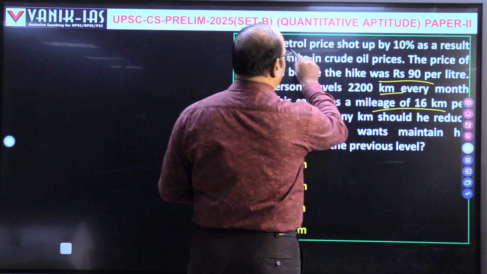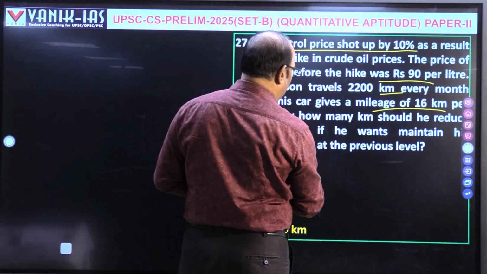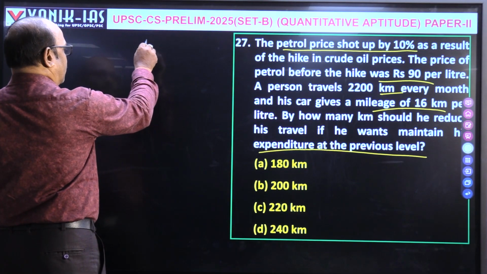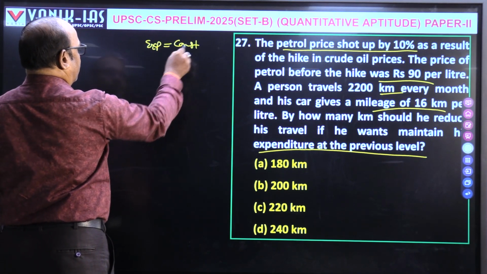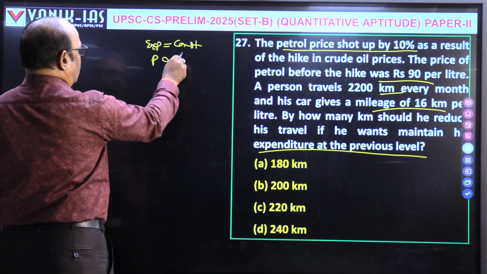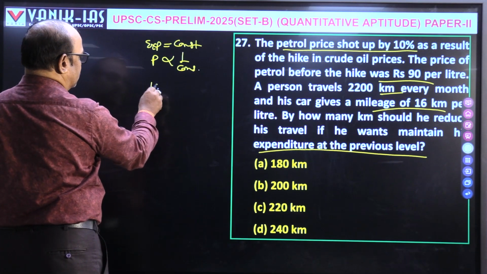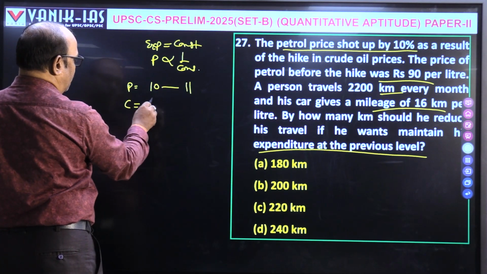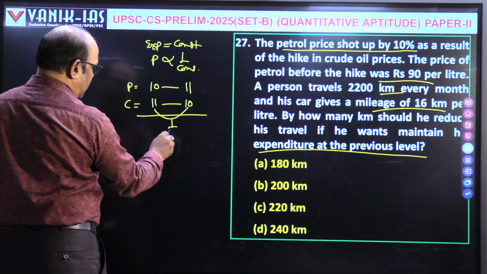Only thing required: if the petrol price shoots up by 10%, then to maintain the same expenditure, it should be reversed. If expenditure is constant, price varies inversely to consumption. So the price goes from 10 to 11, now consumption would be in the ratio 11 to 10, so the reduction is 1 out of 11.